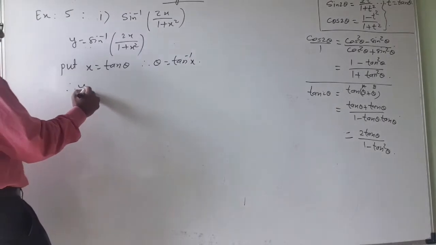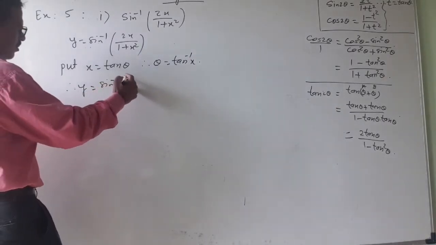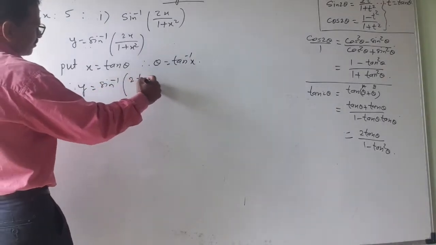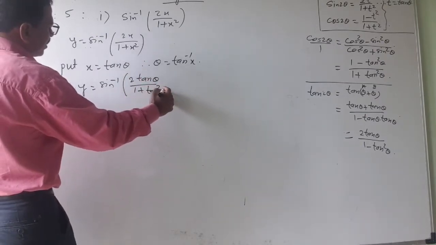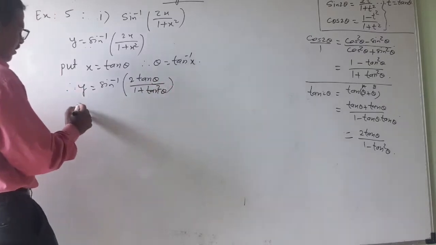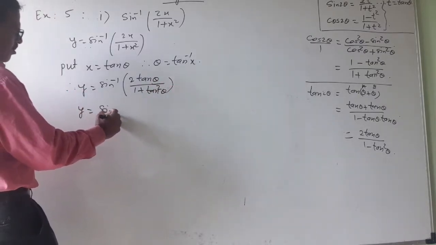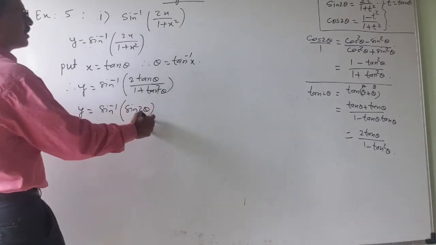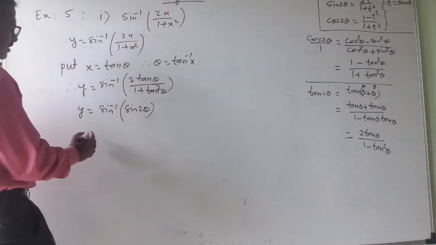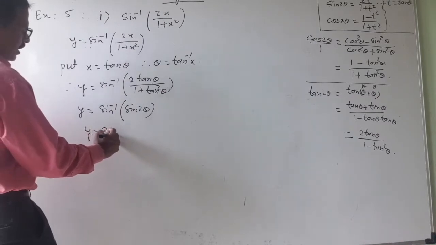Therefore, y is equal to sine inverse of 2 tan theta upon 1 plus tan square theta. The value of x I have substituted. And y is equal to sine inverse of, this is nothing but sin 2 theta. Sine inverse and sine cancel, so y is equal to 2 theta.